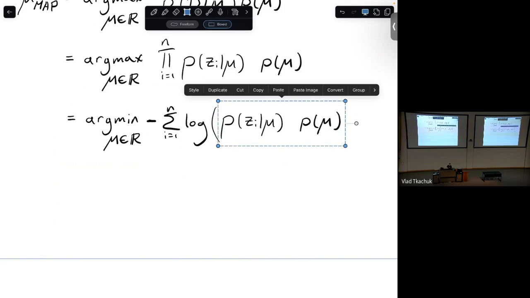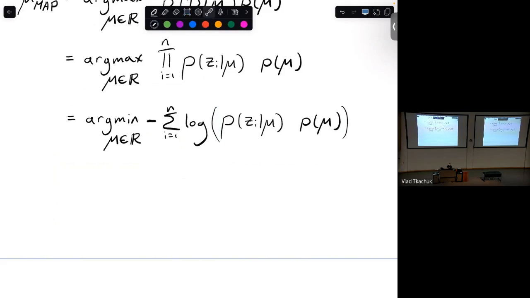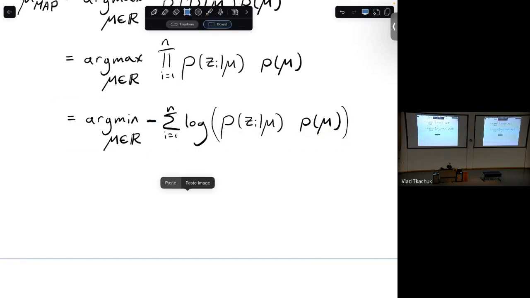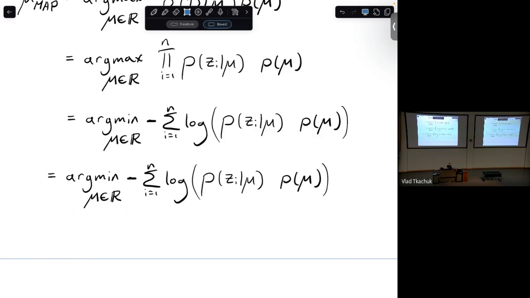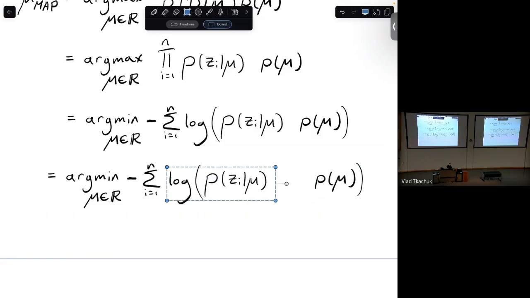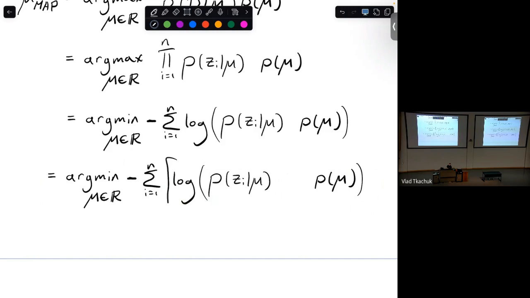And then we remember that inside here you have the log of two products. We can simplify this further by breaking it up into a sum of logs inside the big sum. Plus log. Beautiful.